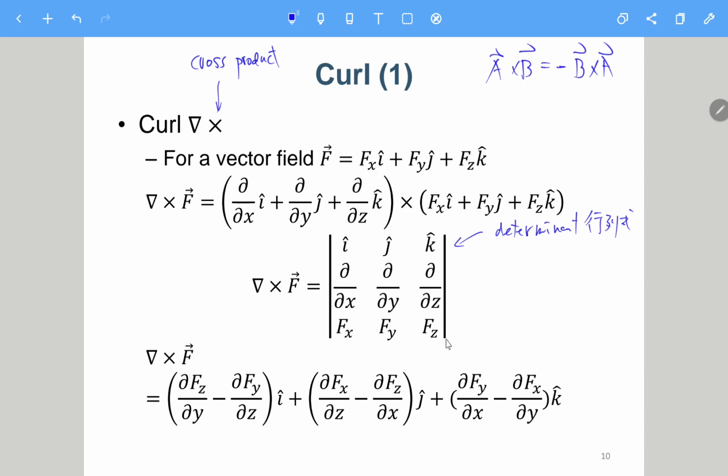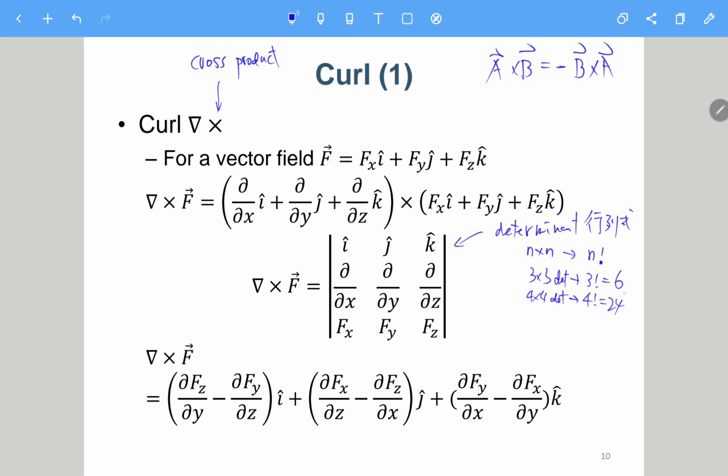Fx, Fy, Fz. If you don't know how to calculate the determinant, for a 3 times 3 determinant it is easy. For 4 times 4 or even larger, it might be quite tedious. If this is an n times n determinant, it should have n factorial terms. So a 3 times 3 determinant has 3 factorial, which equals 6 terms. But a 4 times 4 determinant should have 4 factorial, which is 24 terms.